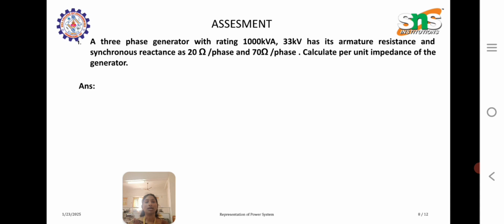The actual is given in the problem as 20 plus j70. In the base value, the 1000 kVA is to be converted to MVA, where we divide the kVA by 1000. Using these values, we can find the per unit impedance of the generator.